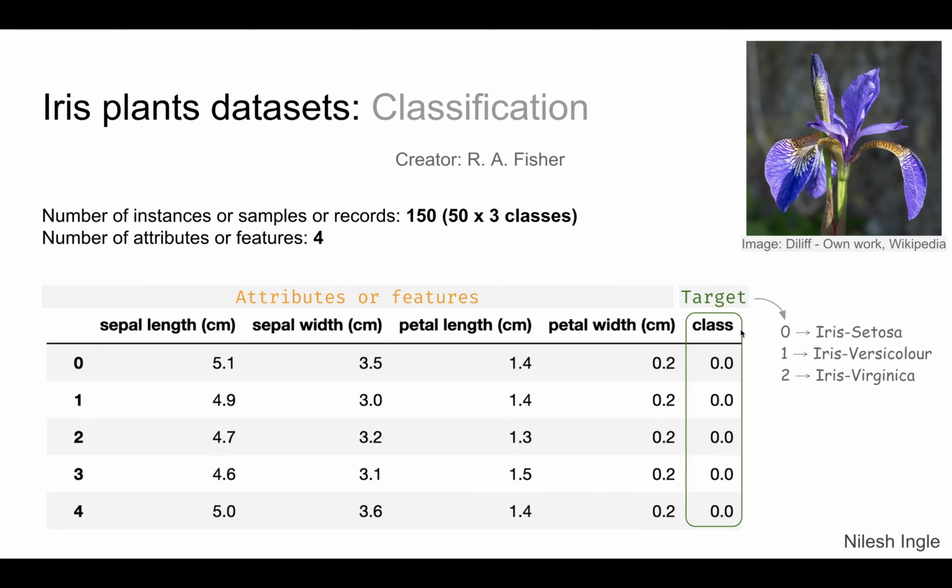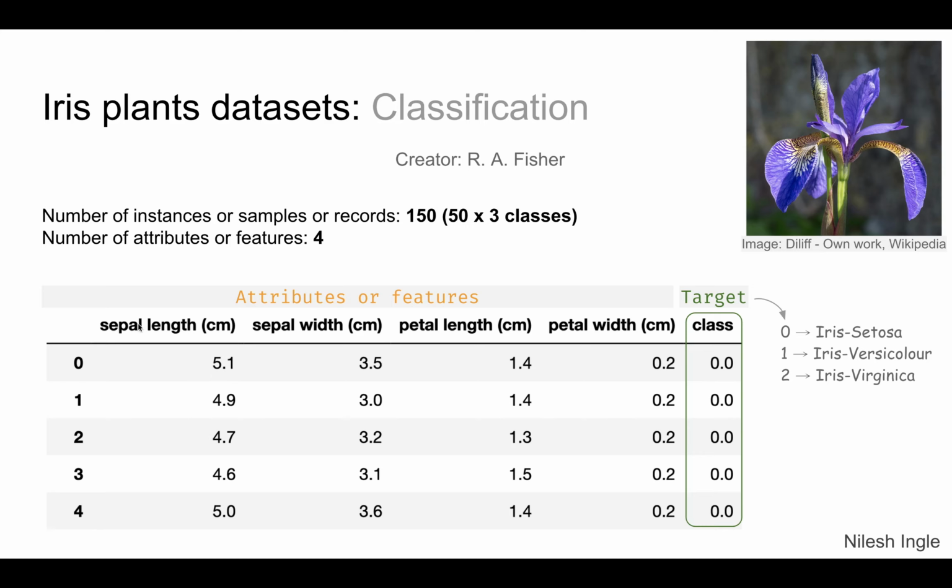Next, this is the dataset for iris plants, and this is again a famous dataset. We have a picture of the iris flower shown here. The petal is the petal part, and the sepal, I believe, is the part below the petal.